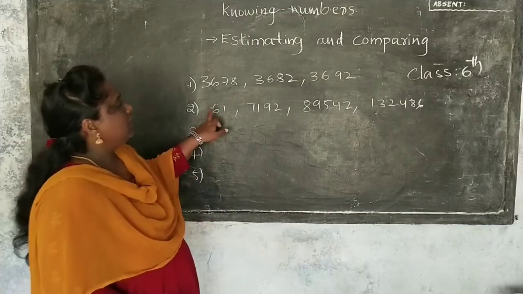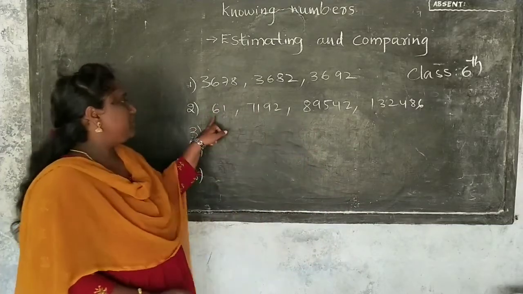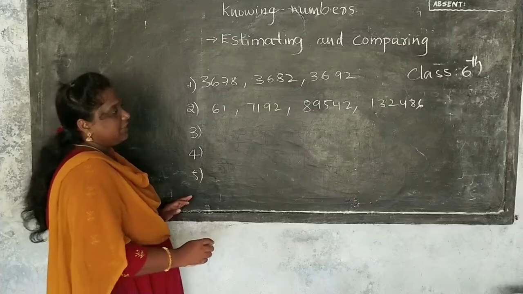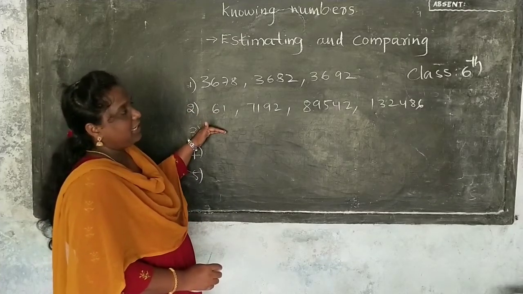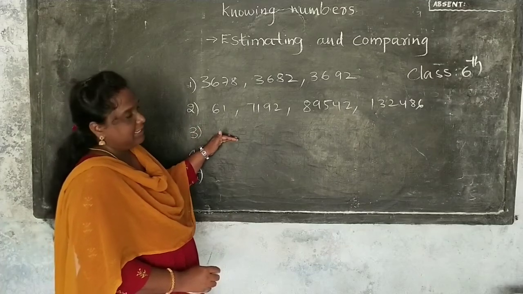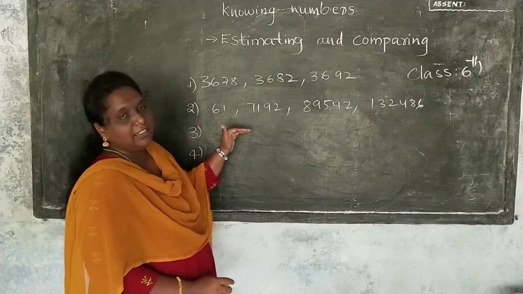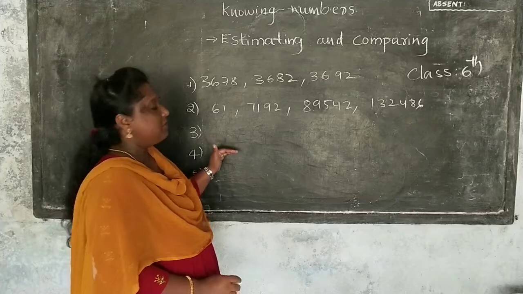Second problem, you have to write the greatest number and the smallest number. For each and every problem, you have to write the problem, then after you have to write the solution greatest number. First you have to compare the numbers, then after write the greatest and smallest.